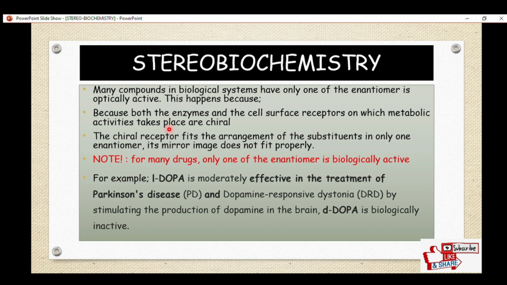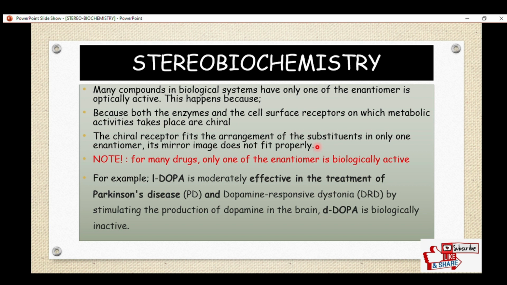That's how we are able to manufacture drugs, and the drugs are able to function well, because our body is going to respond to only one specific enantiomer, and that enantiomer is going to help cure that disease. So that's the end of today's slide.